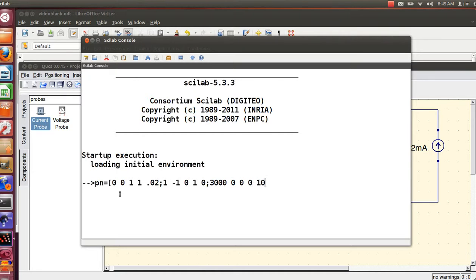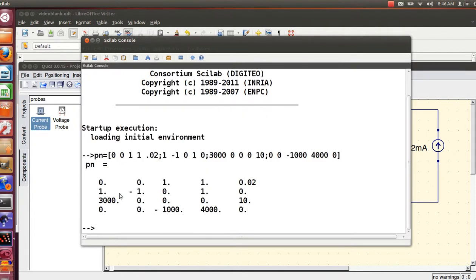That would be the voltage loop equation in standard form, put into a matrix. That's going to be another video one day, by the way. 0 space 0 space 0. Close my matrix. See what it looks like.